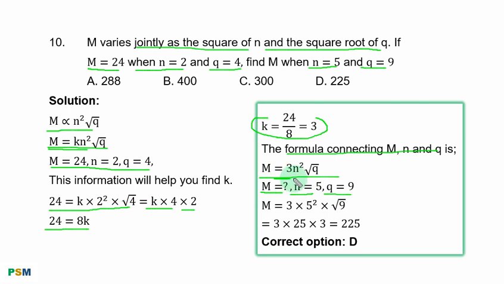You come here and replace n and q with what they stand for. You have these results, and that is 3 times 25 times 3 equal to 225. The correct option is D.